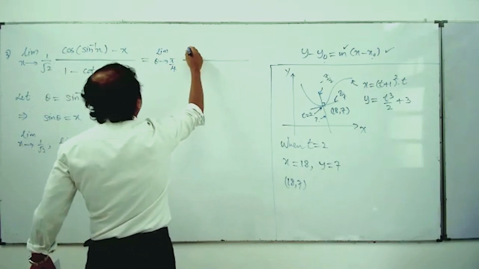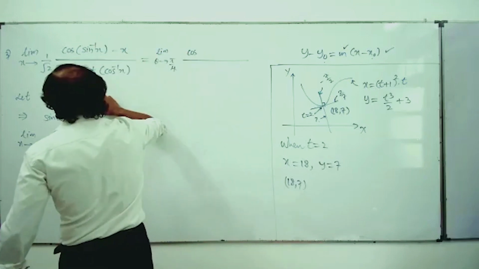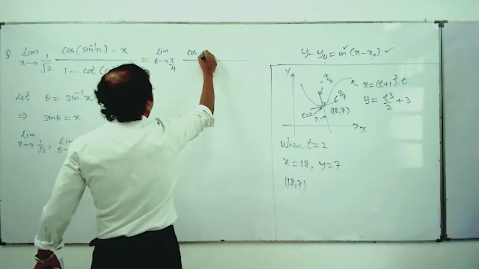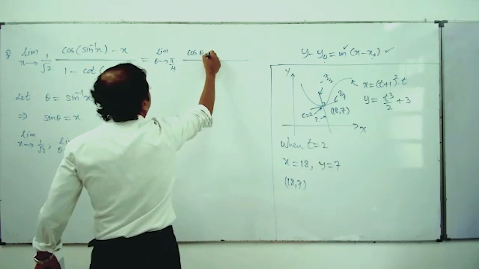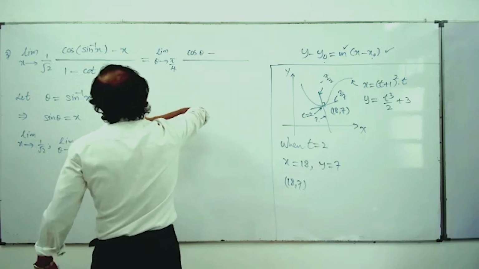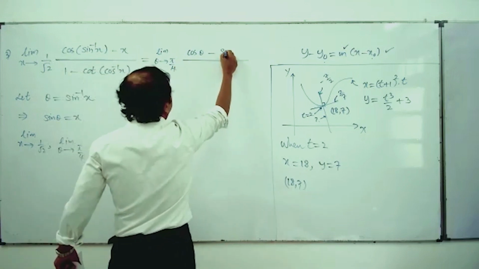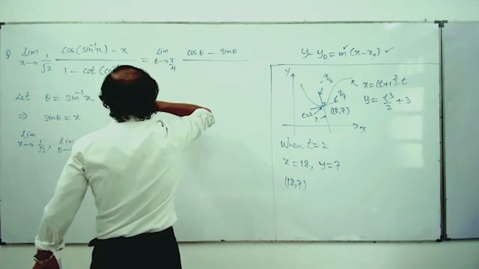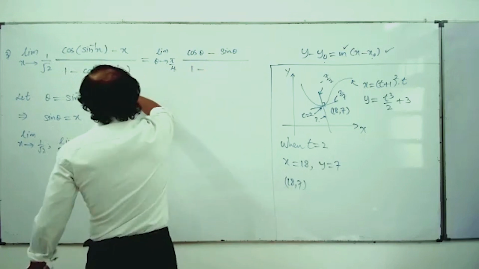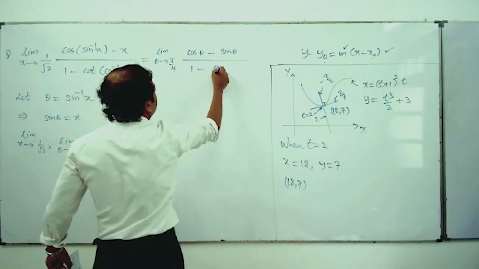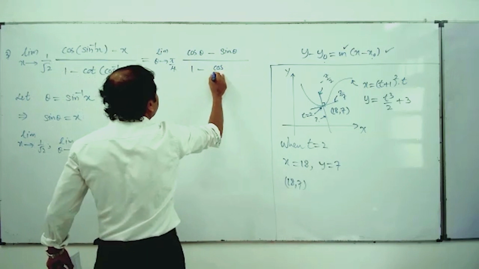Here cos sin inverse x. Sin inverse x is theta, minus x. X is sin theta. 1 minus this cot we can write as cot means cos divided by sin.